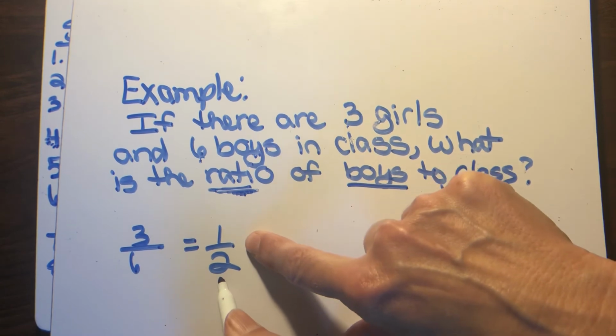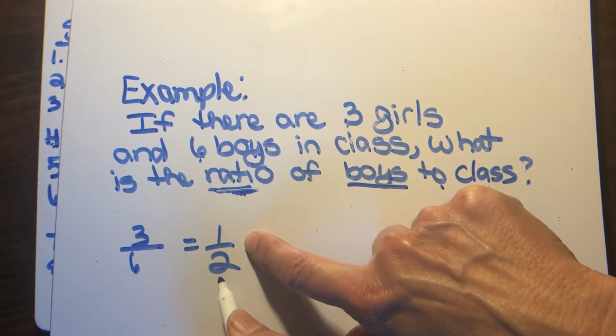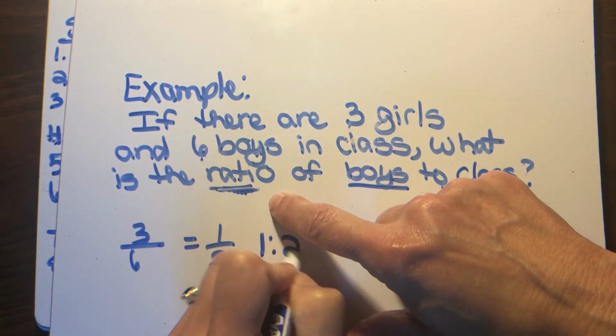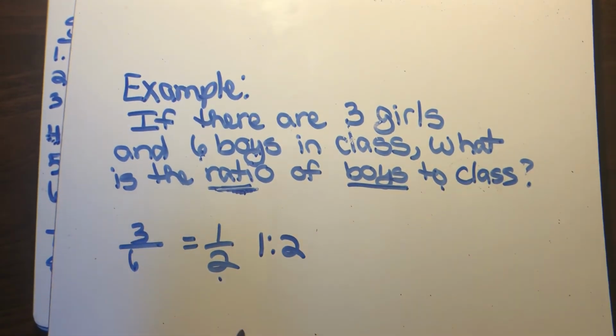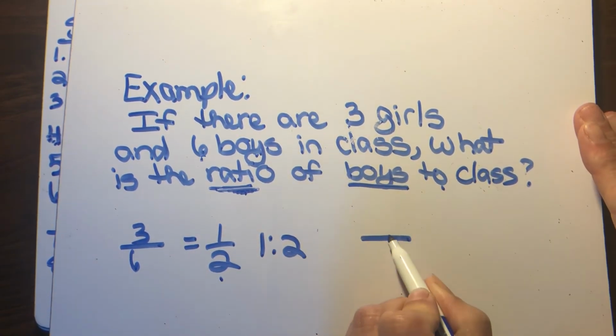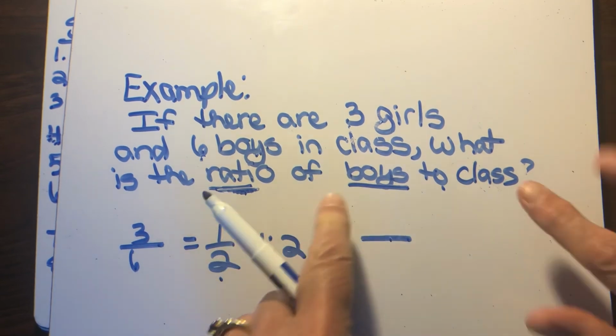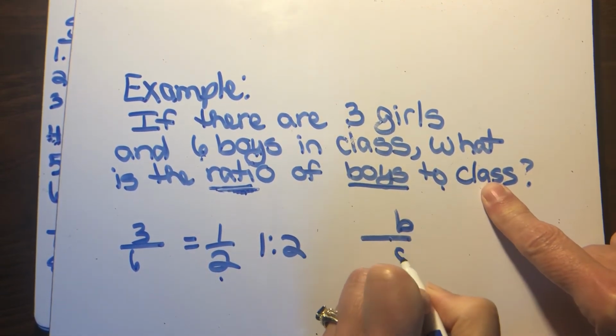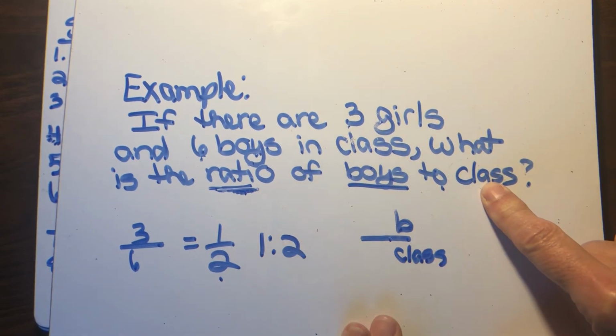And guess what? There's going to be a choice on your multiple choice test that has 1/2 or 1 to 2 rather. And you're going to think, "Oh, goody, I got that right." But really, if you had gone through your steps and drawn your fraction line and read boys to class, so boys and class, you could put total, whatever.